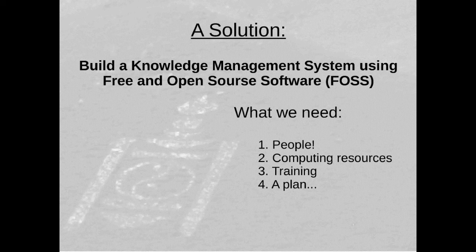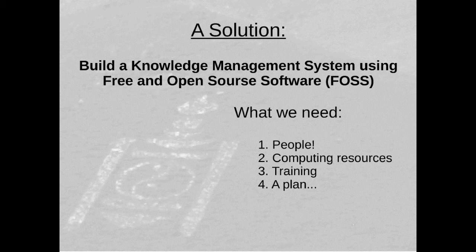But what we mean by knowledge management system for our purposes is we want a repository for information such as research papers, data arising from research, references, that sort of thing. And so that's the repository aspect. When people produce scientific work, we want to provide them with a place to store it. And the other side is we want people who are searching for that information to be able to find it.